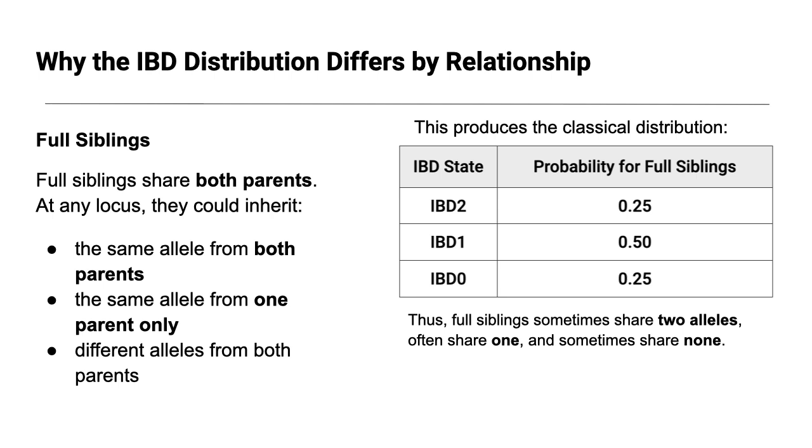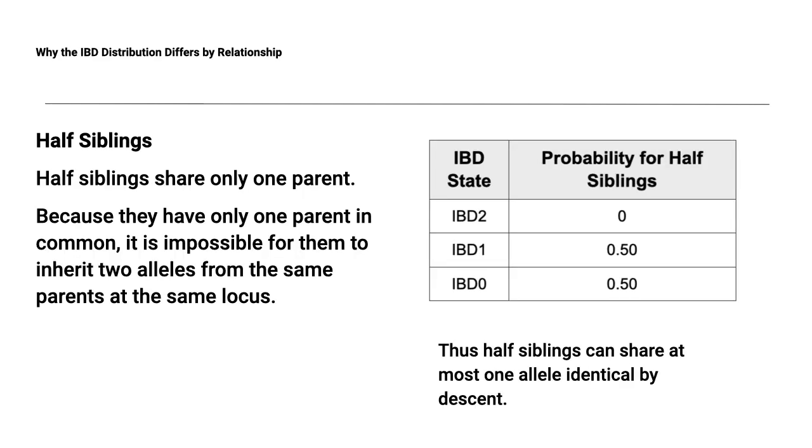This distribution arises from Mendelian inheritance of parental chromosomes. Half-siblings, on the other hand, share only one parent. Therefore, they cannot share two alleles identical by descent at the same locus. Their probabilities are 50% for sharing one allele and 50% for sharing none.